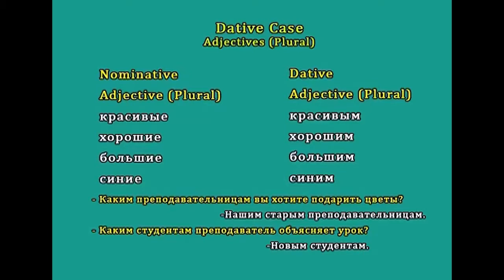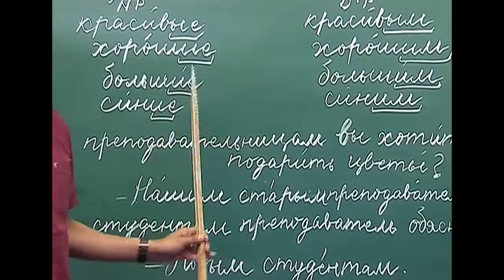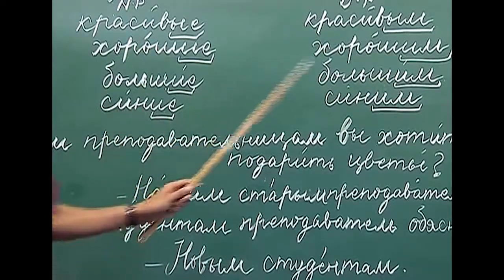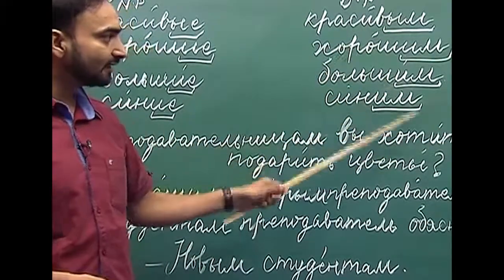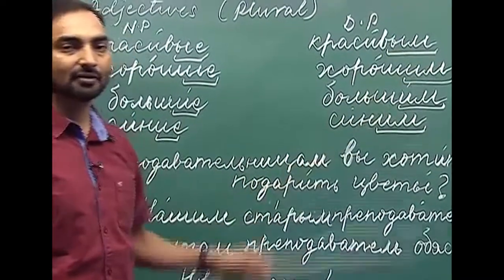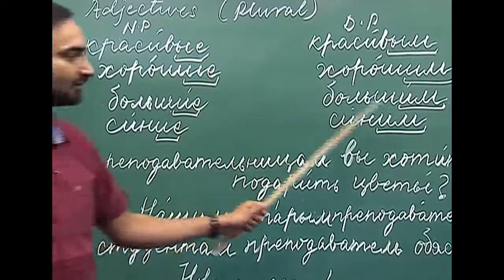Again we have done the same thing, we have replaced the last letter with m. Balshiye, big, balshim. Siniye, sinim. In all the cases, with all the adjectives, we have replaced the ending with m.